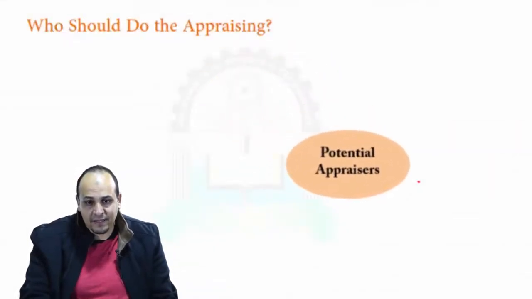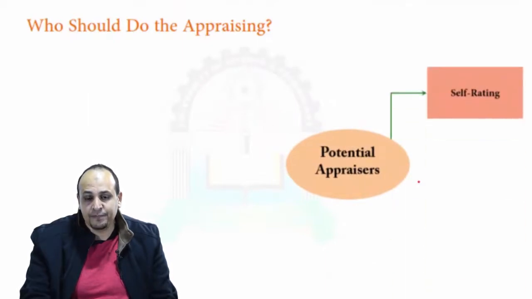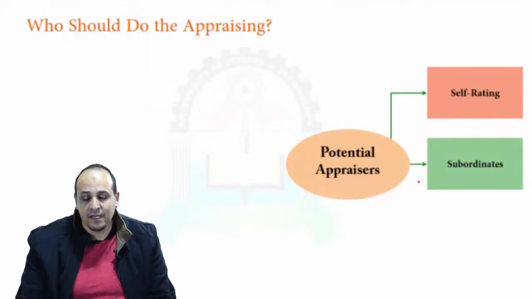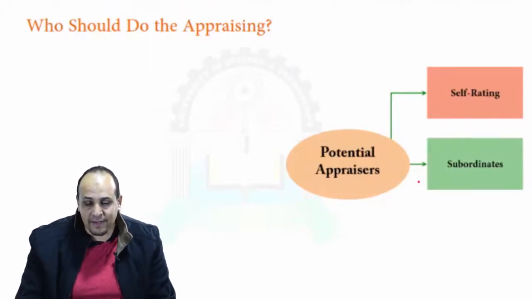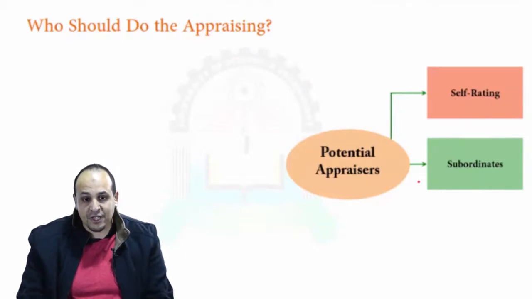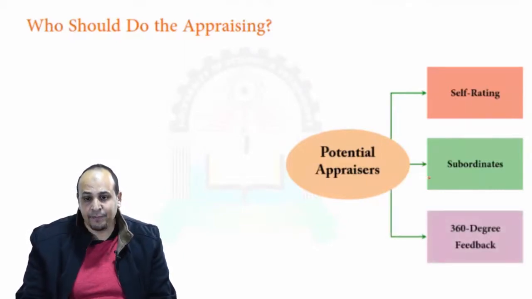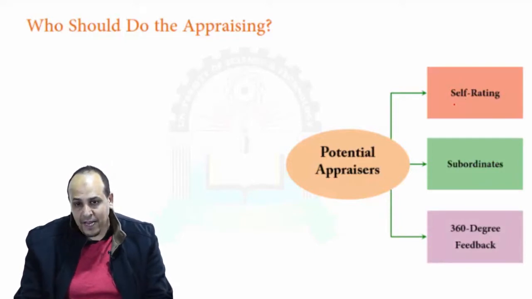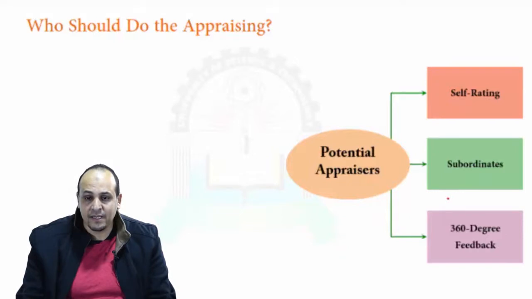So at the end, potential appraisers: self-rating, subordinates. Who should do the appraising? We said before that the one who is supposed to do the appraising is the supervisor, but actually this can be done by many. So we have self-rating. In some companies, this can be applied by the employees themselves.